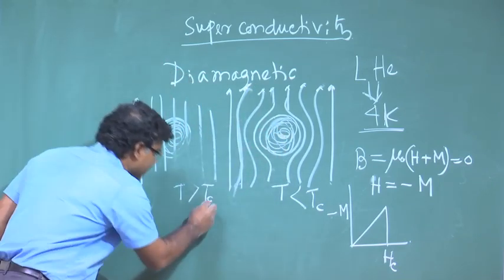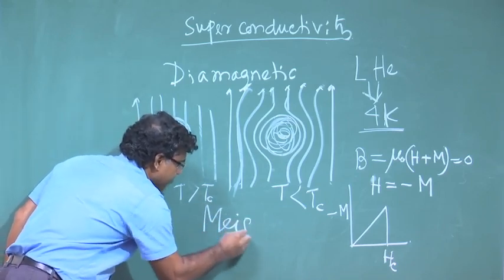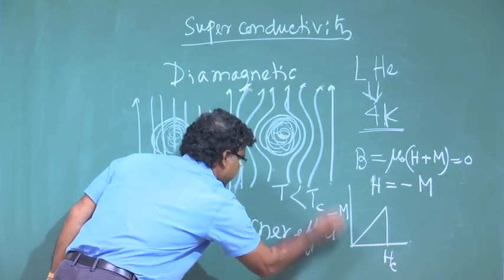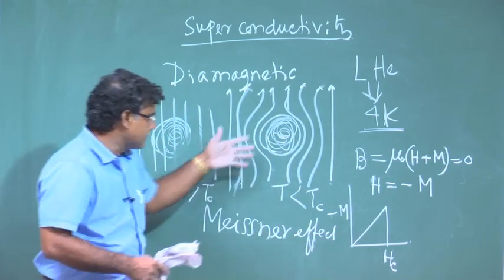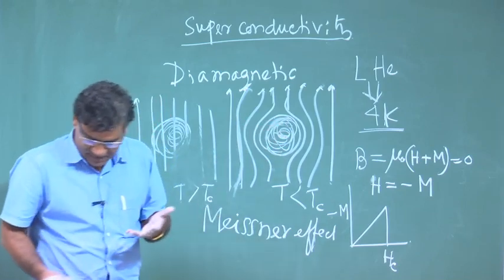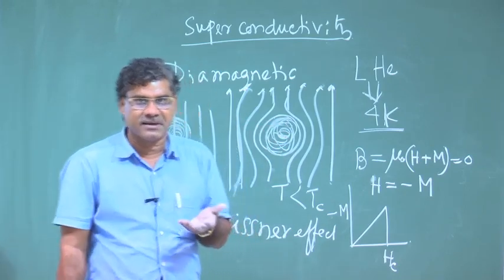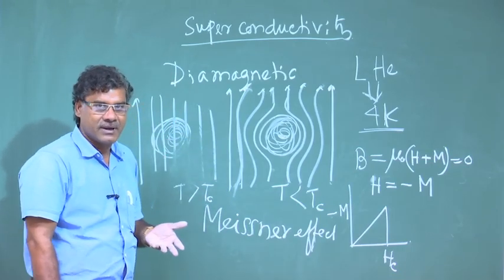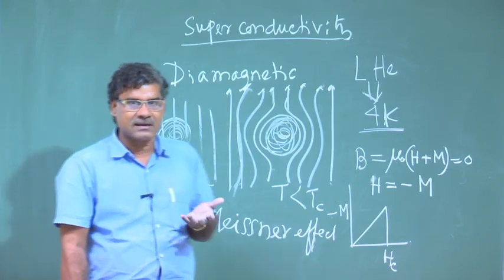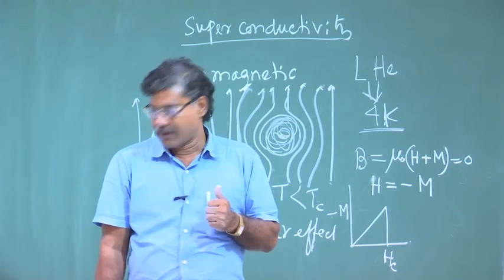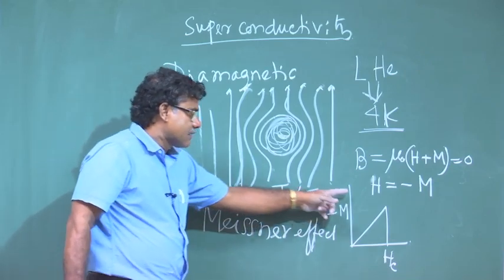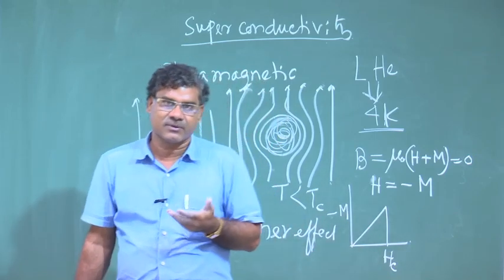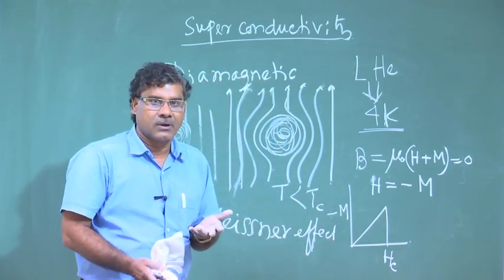This diamagnetic effect, whatever is observed, is called the Meissner effect. And this is the very authentic test for superconductivity, that it has to be diamagnetic. It is not only rho equal to 0, that is not a sufficient condition, it has to be diamagnetic. So, we classify superconductors into 2 types.